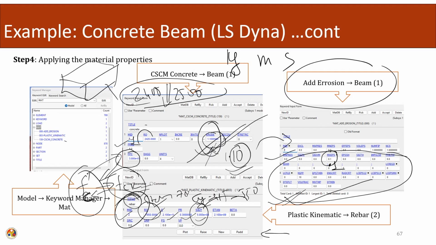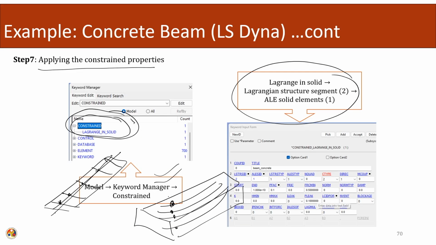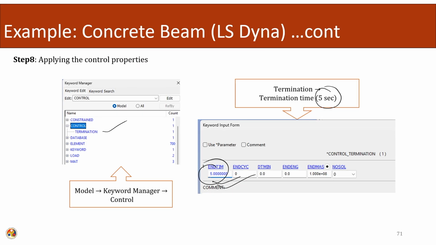Similarly E is 2.1E11, or 210 GPa. This comes from my choice of base units. In the run time I am using 5, which means 5 seconds.